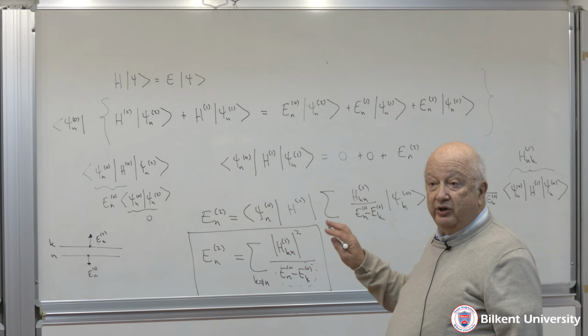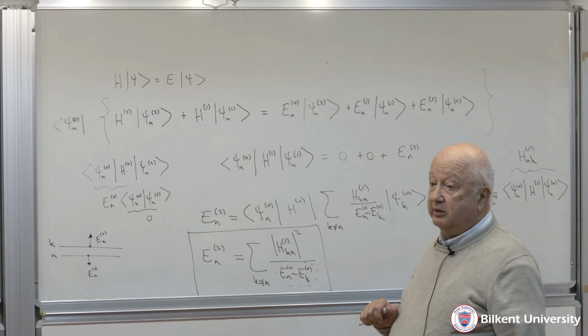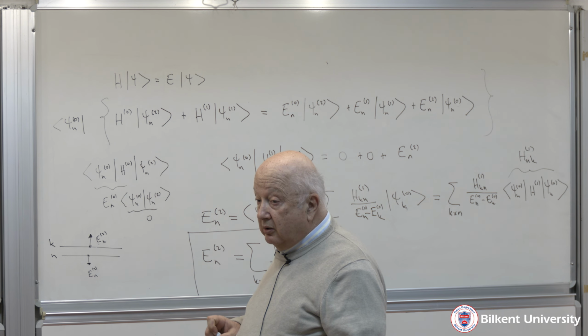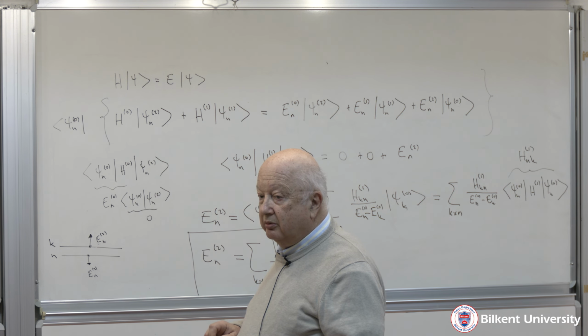But any questions at this point? Yes. So, Hocam, only second order perturbations are actually trying to separate energy levels apart, right? Well, actually, everything starts to separate one another.